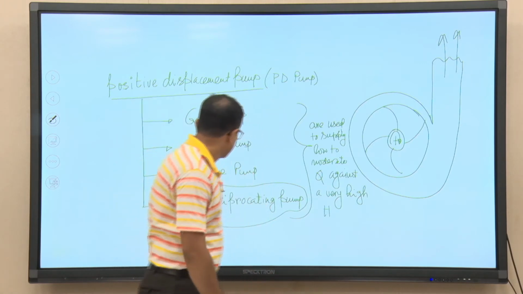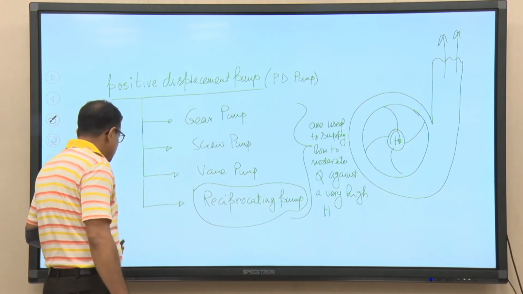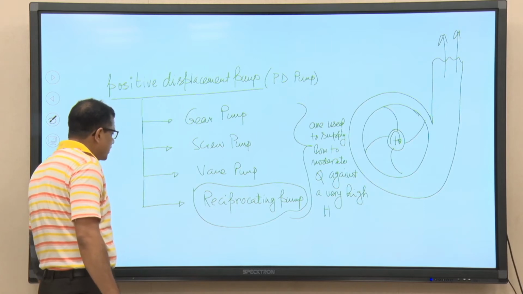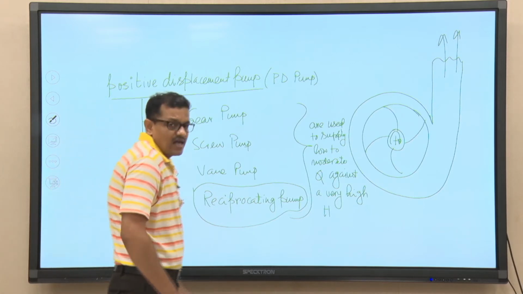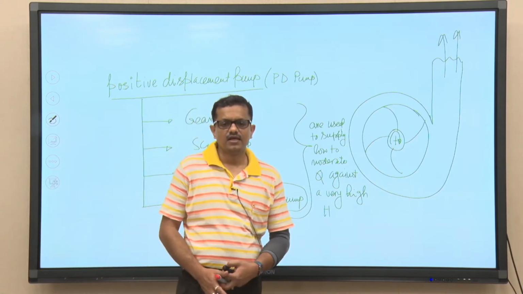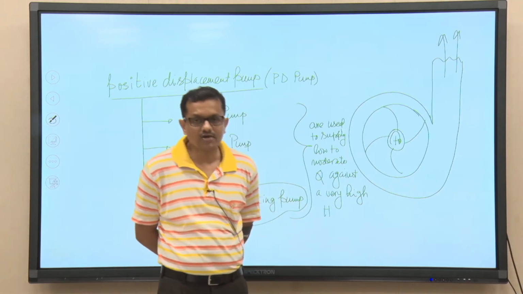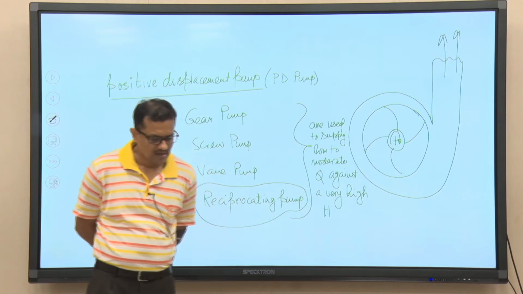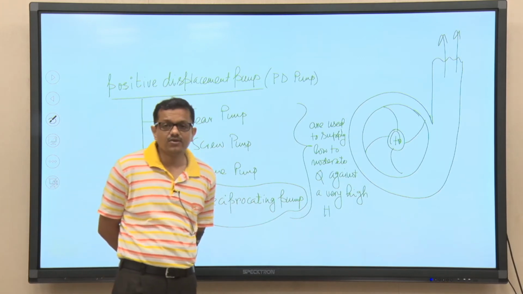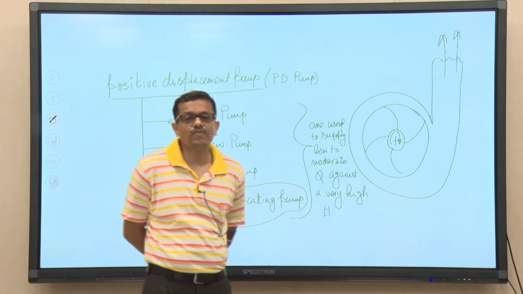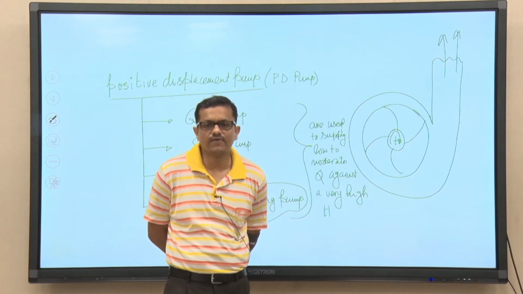Okay. So, for the reciprocating pump, you have all seen it in your daily life. A very common example is that we need to go to the bicycle shop very often.